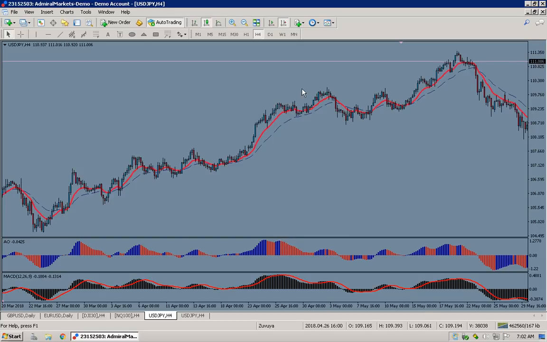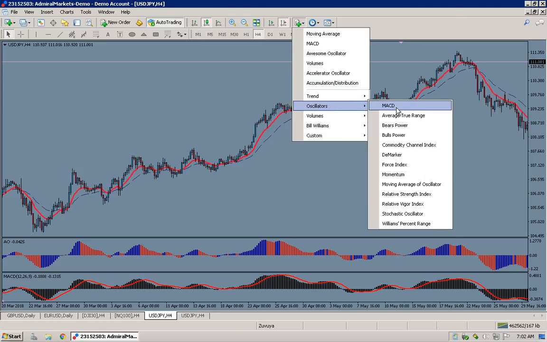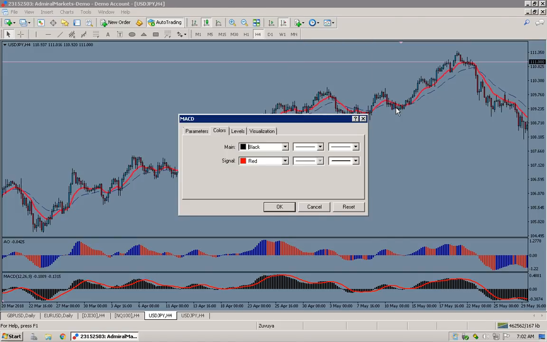The first thing I wanted to show you is actually where to find them. In your MetaTrader 4 platform, which is the most commonly used one, it's under this indicator options here. For the MACD, you go to oscillators, right at the top here, MACD. And basically you will get an options window appear like this.